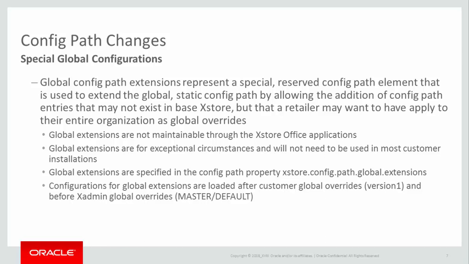Global extensions are for exceptional circumstances and will not need to be used in most customer installations. Global extensions are specified in the config path property xstore.config.path.global.extensions. Configurations for global extensions are loaded after customer global overrides in version 1 and before xadmin global overrides in master/default.